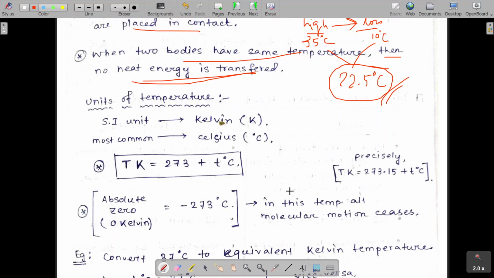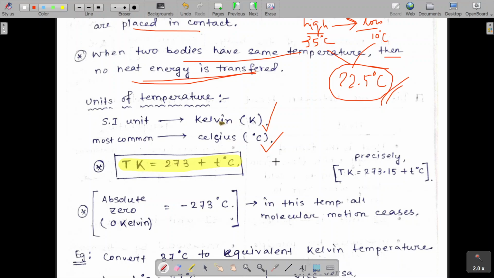Now let us read about units of temperature. The SI unit of temperature, as we know, is Kelvin, and most commonly we use Celsius. The relation you have to learn is that temperature in Kelvin is equal to 273 plus temperature in degrees Celsius.